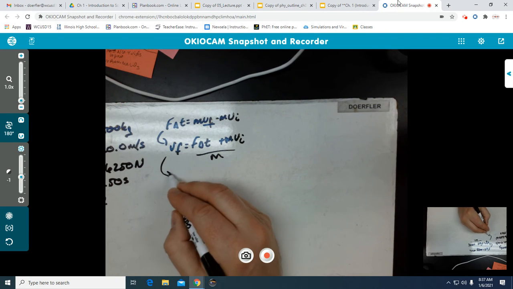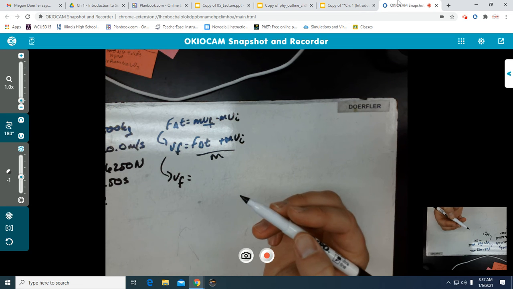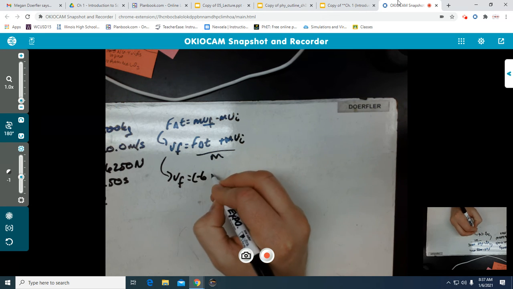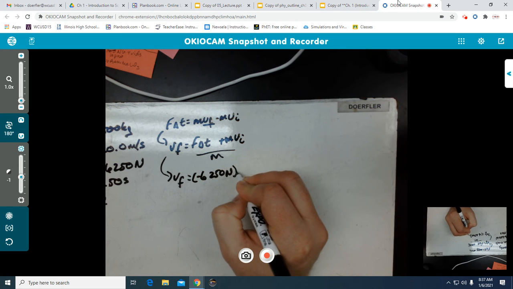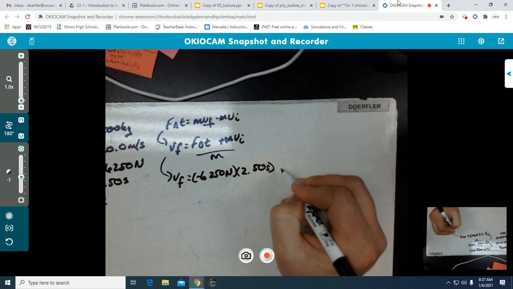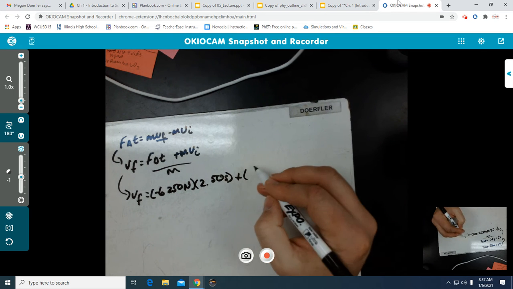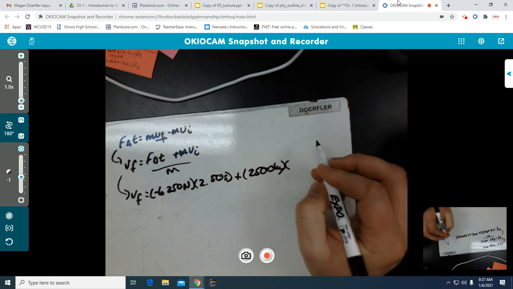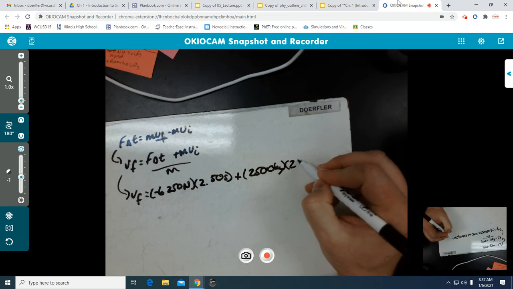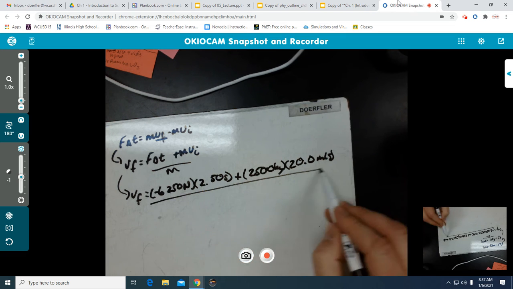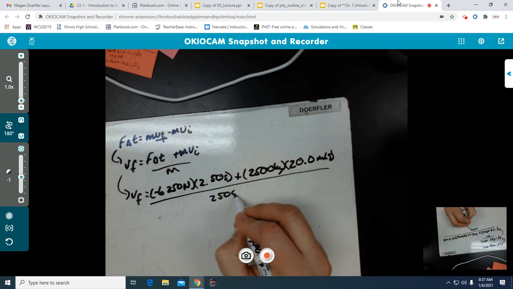Solving for this final velocity, again, putting in your numbers here: force is negative 6,250 newtons, our time is 2.50 seconds, plus our mass of 2,500 kilograms times the initial velocity of 20.0 meters per second, all over 2,500 kilograms.